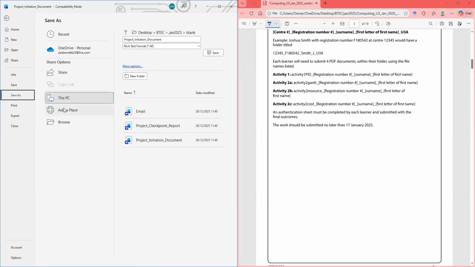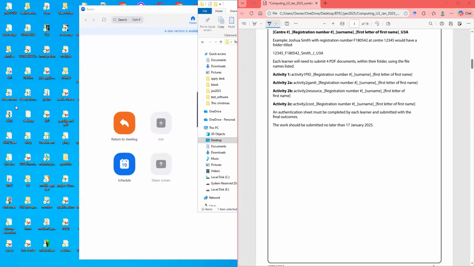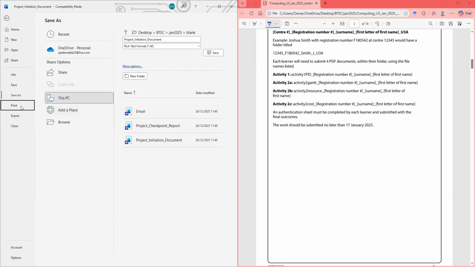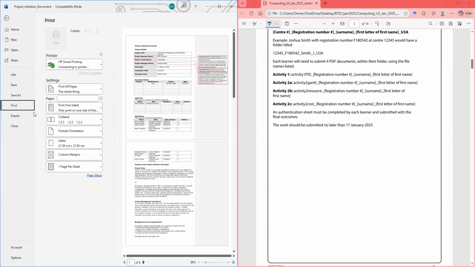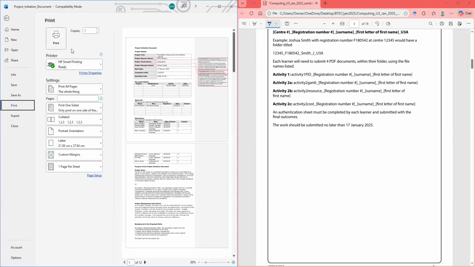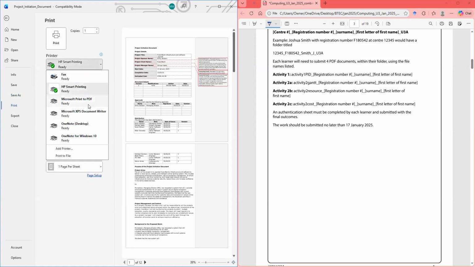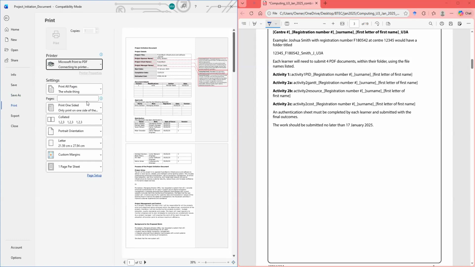Remember, it's a PDF that we're going to save it as, so we have to print it in the PDF format. We're not going to print it here, but we're going to do Microsoft PDF.